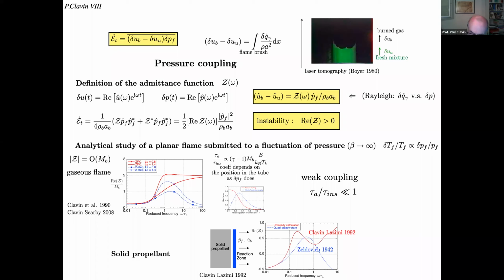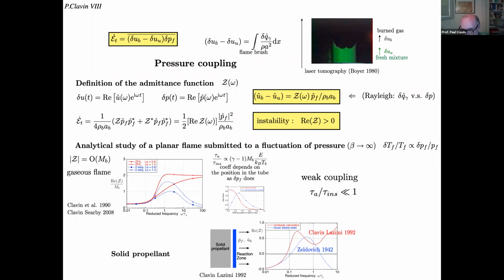however, a more interesting thing is written here. You see, assume you have a solid propellant, for a one-dimensional case where the end of the tube is a solid propellant, and this solid propellant burns.